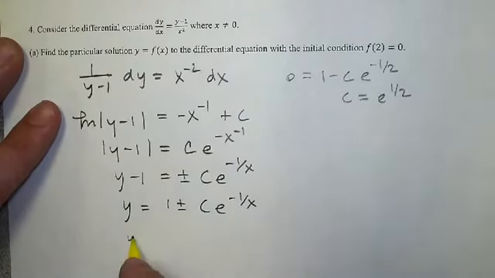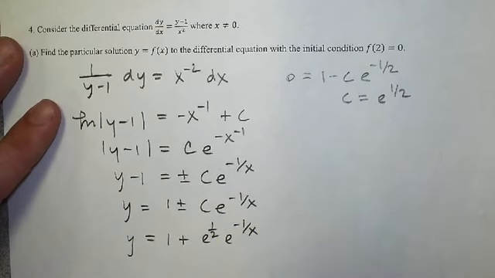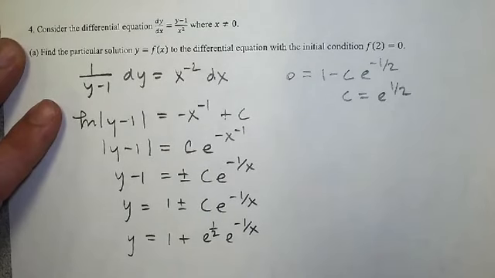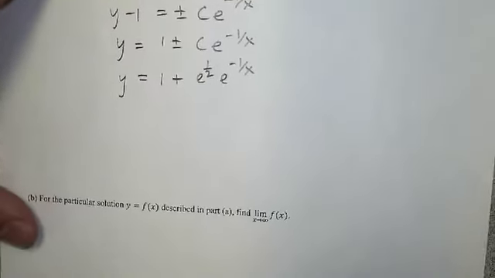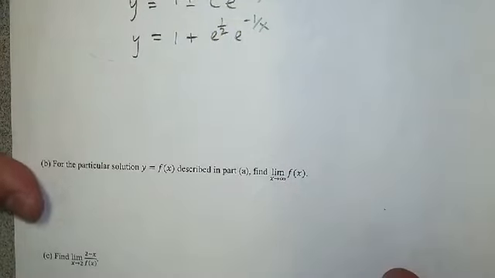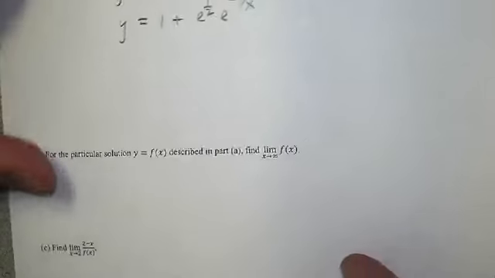All right, so y now is equal to 1 plus e to the 1/2 e to the negative 1 over x. You could combine these to be 1/2 minus 1 over x as the exponent of e, or you could just not. This is definitely an explicit formula for y equals f of x, the particular solution with f of 2 equals 0.